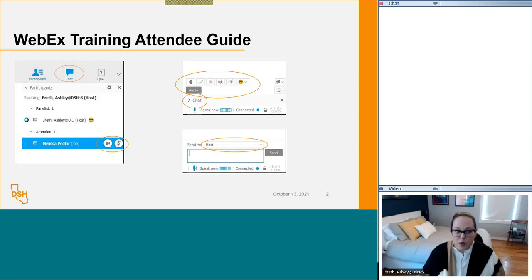That's really important because if your phone audio is not connected to your computer login, when we go into the breakout session, your computer will go, but your audio won't. So we need to make sure those things are connected. And like I said, if you are calling in on your phone and using your computer, make sure your computer sound is muted, because then we won't get that echoing that we were getting sometimes during the last session.